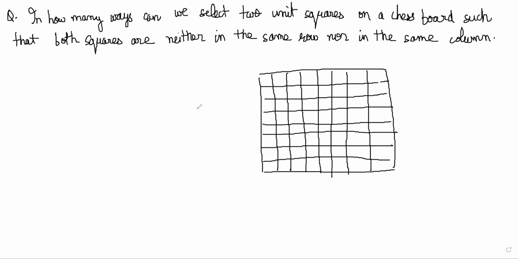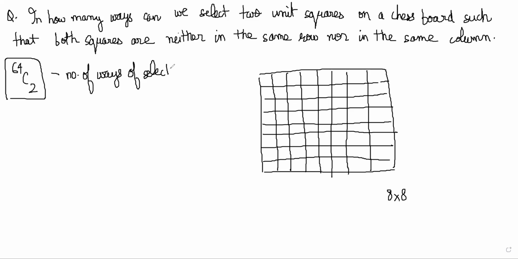This is a chessboard, 8 cross 8. Normally, if there was no restriction, 64 squares are there, and this would have been the total number of ways of selecting two.